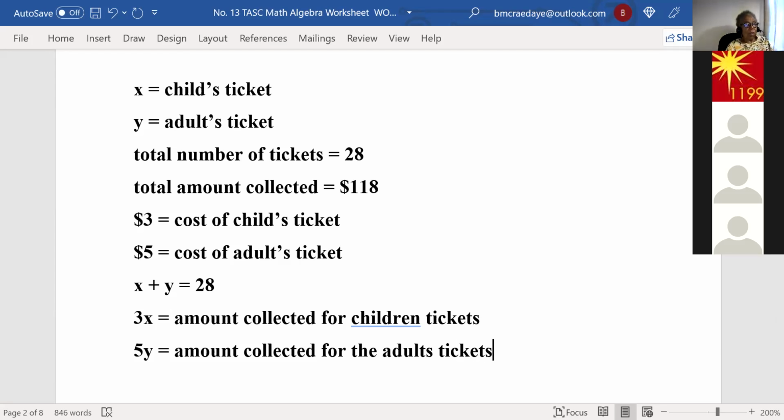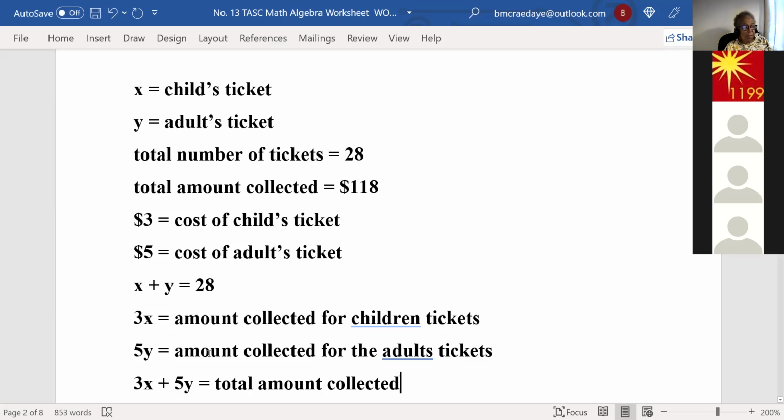Okay, so now the total amount you collected would be the sum of 3X plus 5Y, which would be equal to the total amount collected. Now, which set of equations would you use to define the number of tickets collected?